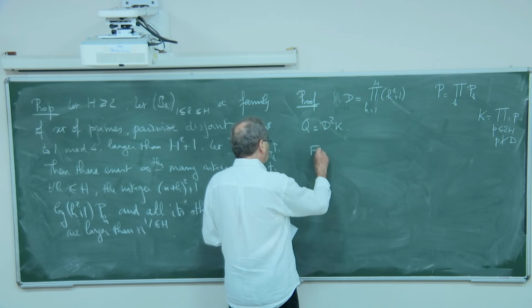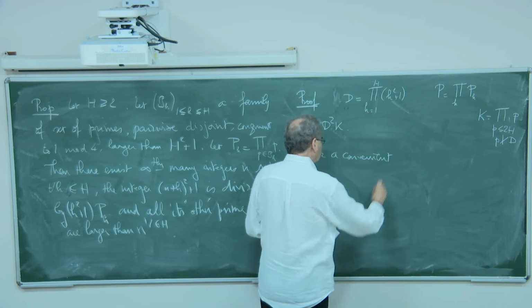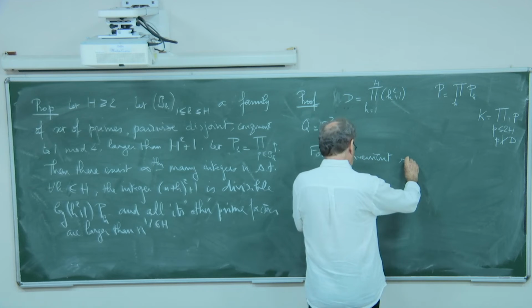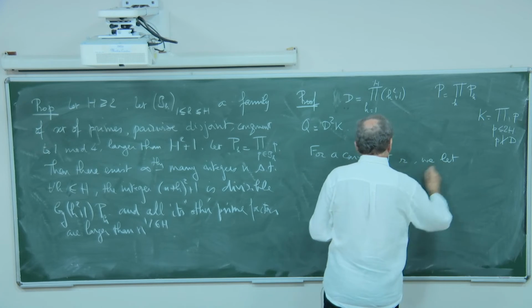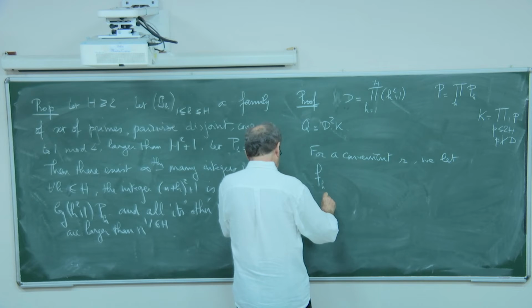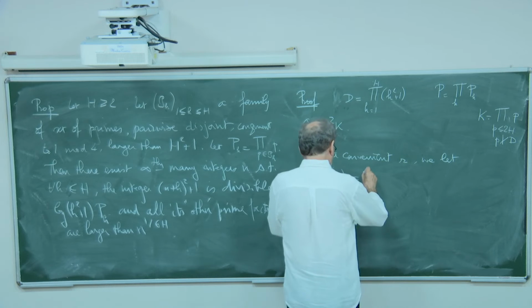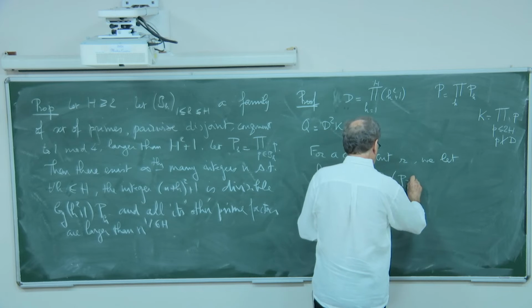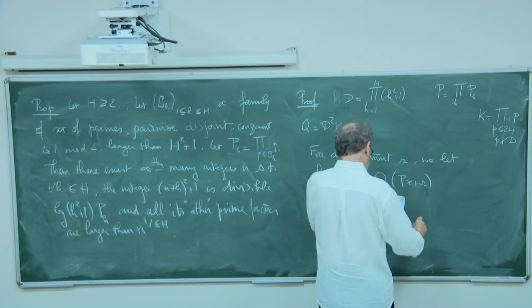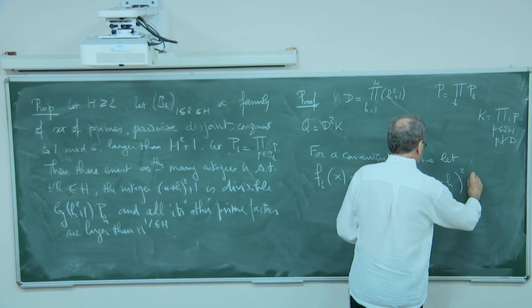We have to show that there exists some convenient R. A convenient R. We let f_h of x be a polynomial in x, which is (Q x plus R plus h) squared plus 1.